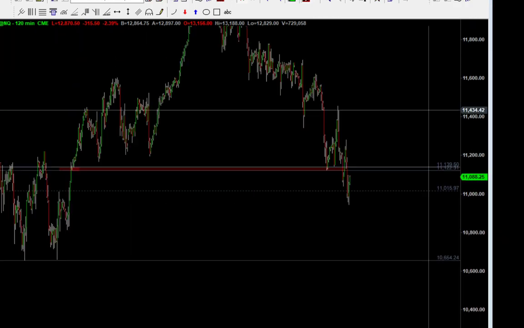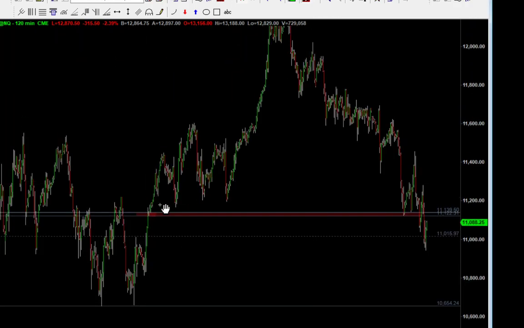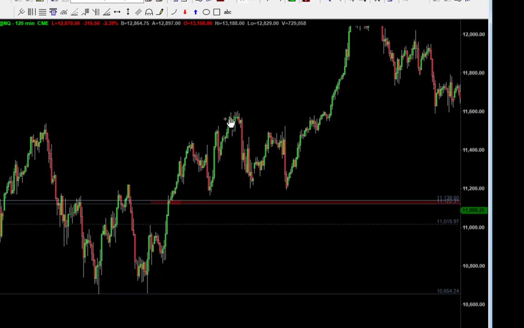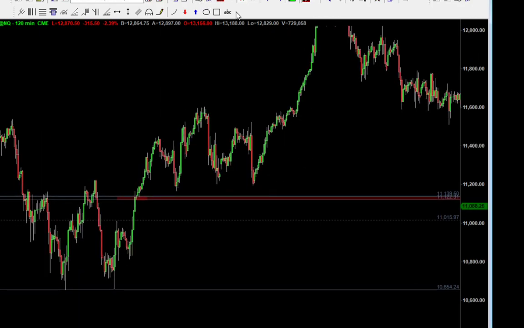Anyways, it's a good area because it's protecting free space and it's the last stand and it's outside of the range. That's the two things we're looking for. Outside of trading range.